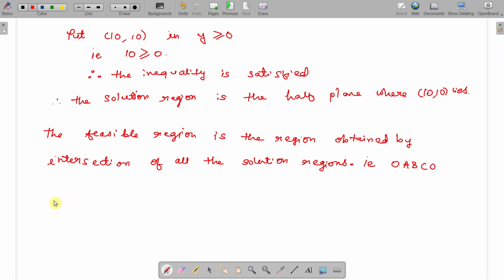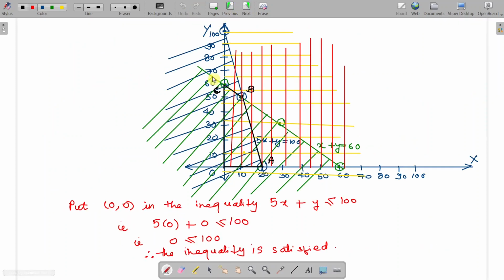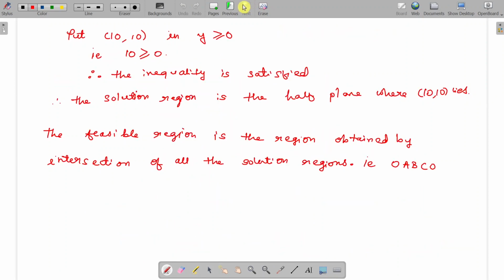Okay, so now you have to understand that this region is a bounded region here. Okay, so whenever the feasible region is bounded, the maximum or minimum of the function Z occurs at the corner points.